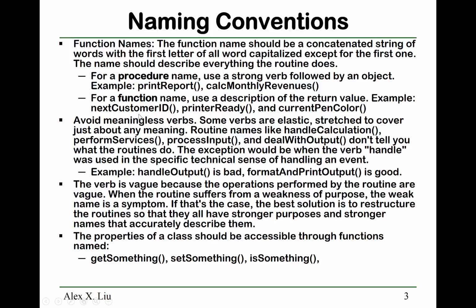For example, nextCustomerID will return the ID of the next customer. The printReady function will return yes or no: yes, the printer is ready; no, the printer is not ready. And currentPenColor will return the color of the current pen.